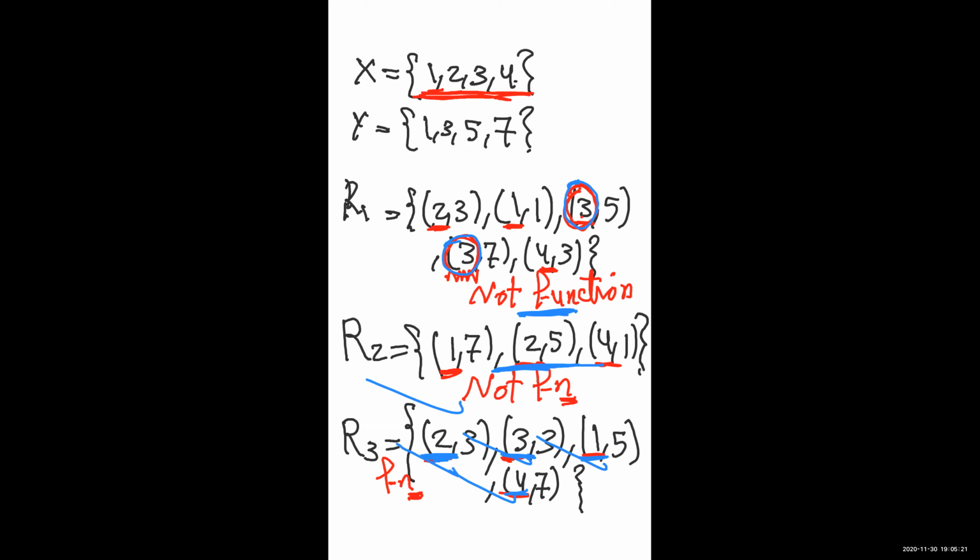Now we got it from sets like X and Y and the relations. If we get only the set and an arrow diagram like this, let's check this type of question.